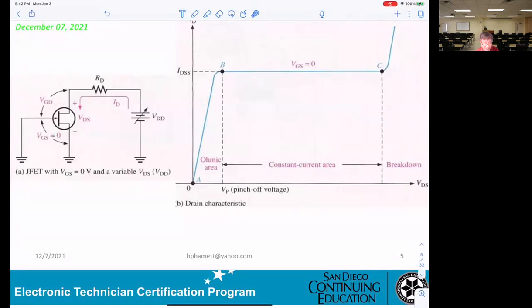That's the very, very basic for the current ID. What is the relation between VP, pinch off voltage, and VGS off? Who can tell me?